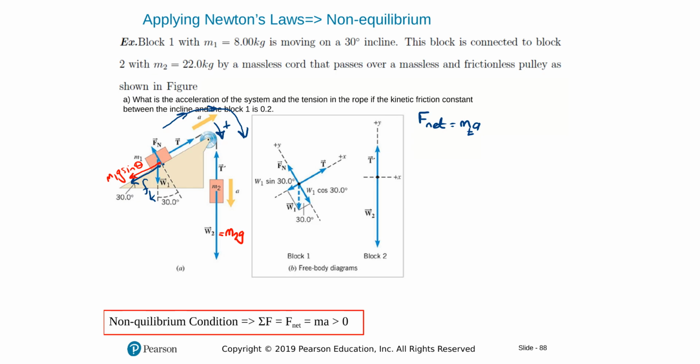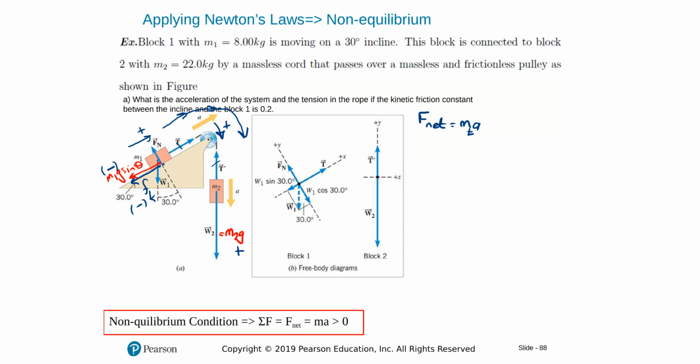Since we have this direction to be positive, both M1G sine theta, which pulls the system in this direction, and F friction will be negative, and M2G will be positive. The T's will still cancel because they're in opposite directions.